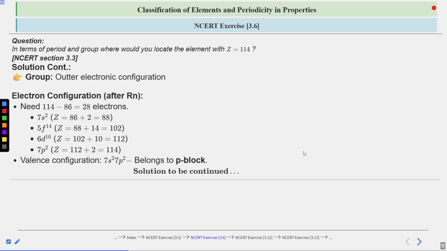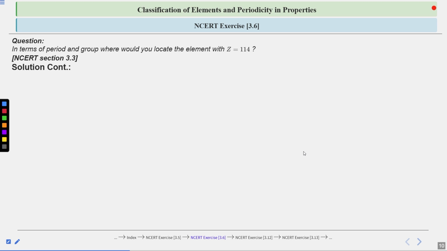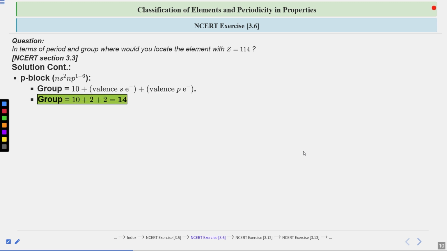Now, how would you identify the group number? This process is different for different blocks. Here we are interested in the p block. So the simple method is to add the valence electrons of s and p with 10, and that will give you your group number.